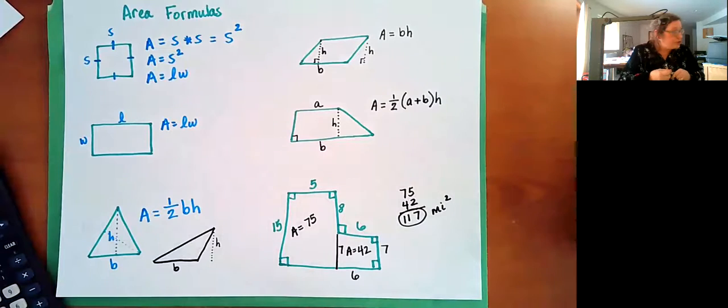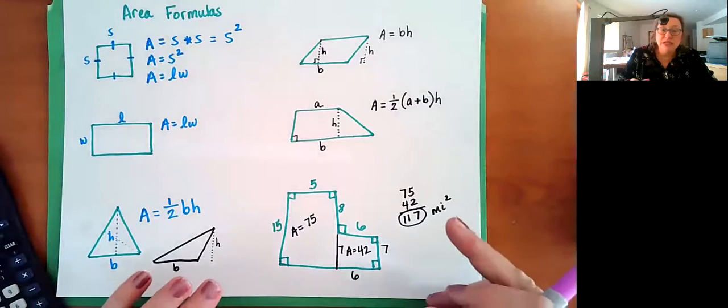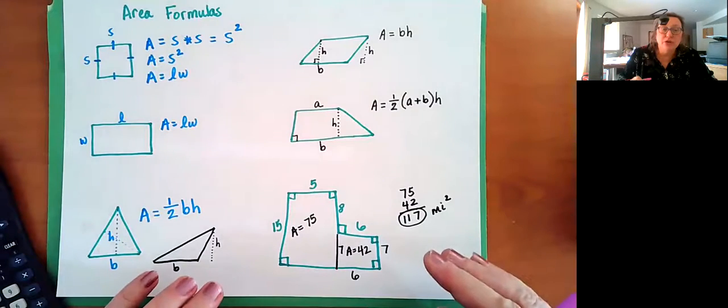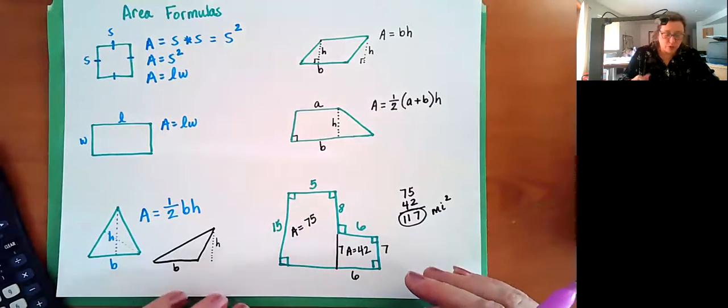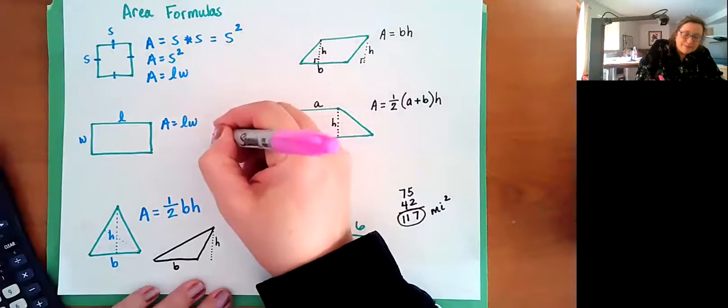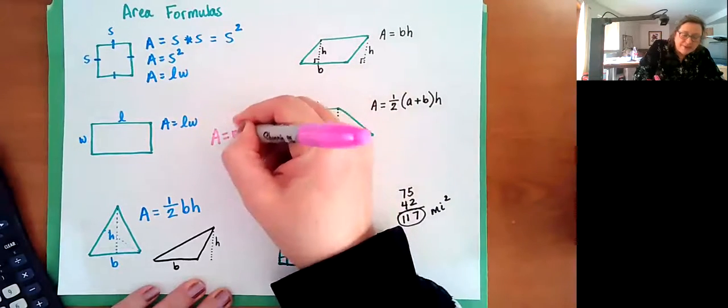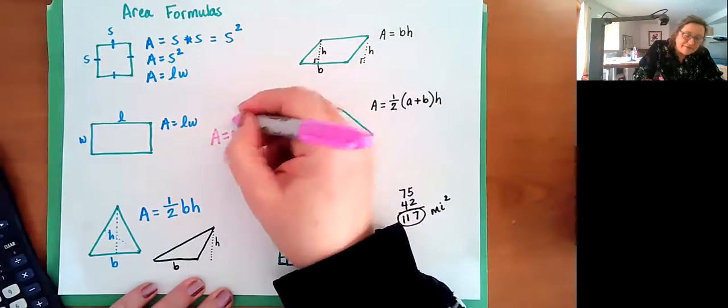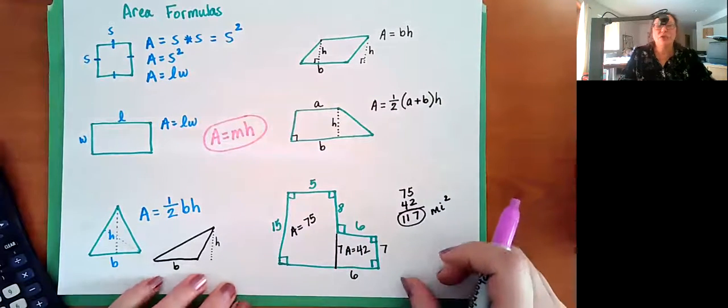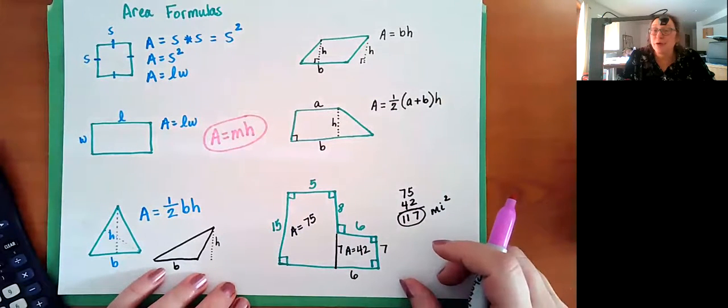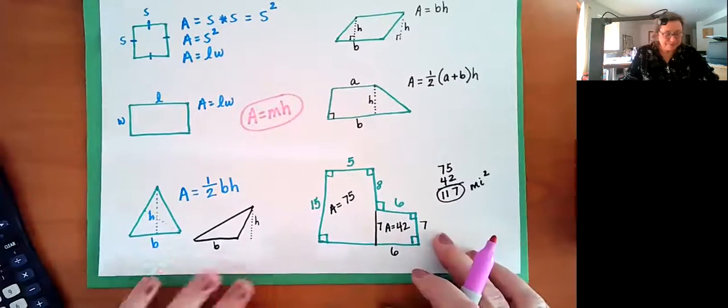Now, before I let you go, I just want to tell you one more thing. And that is that sometimes you will see your information given to you in a different way, because there's also a formula that says that the area of any of these shapes equals MH, where M is your midpoint.